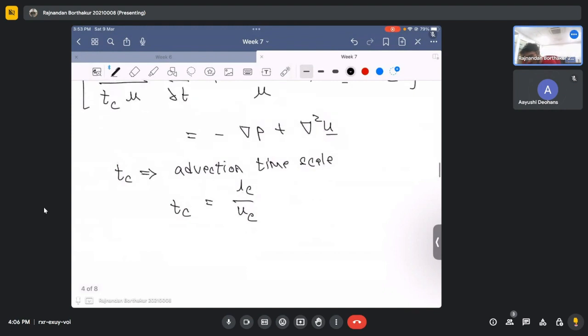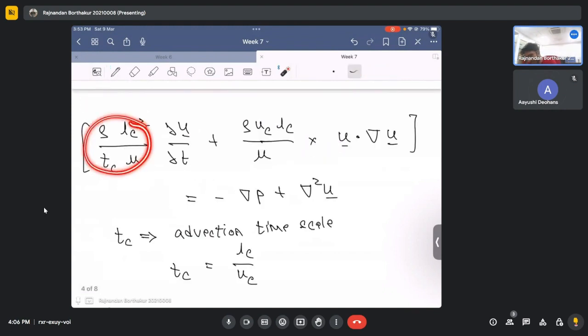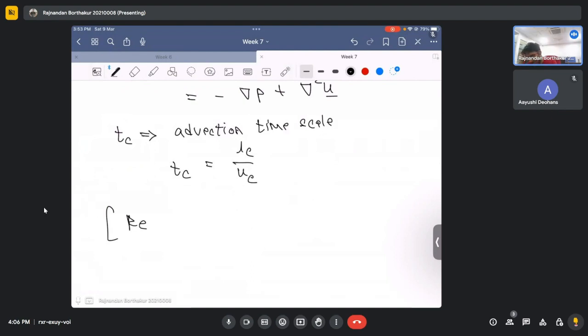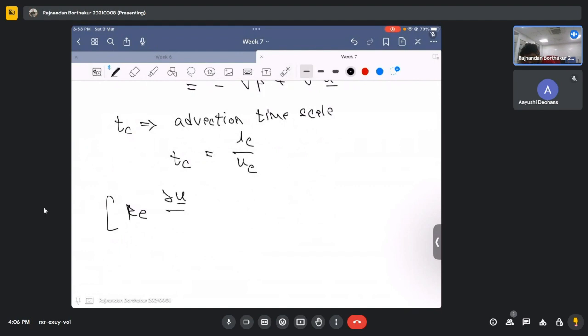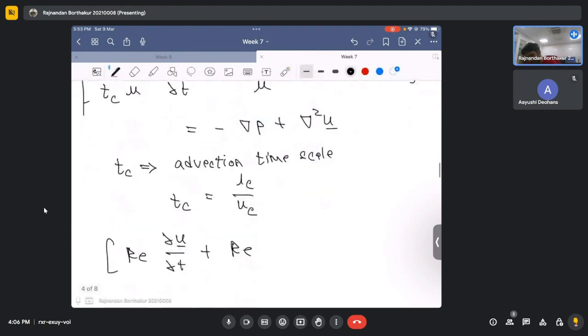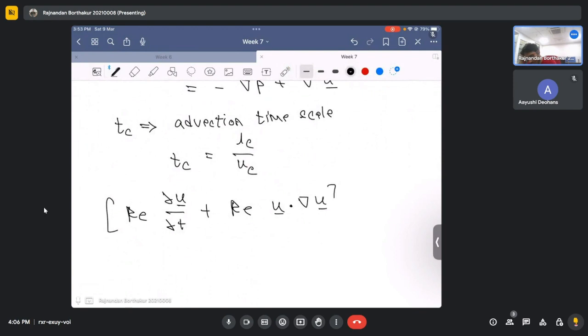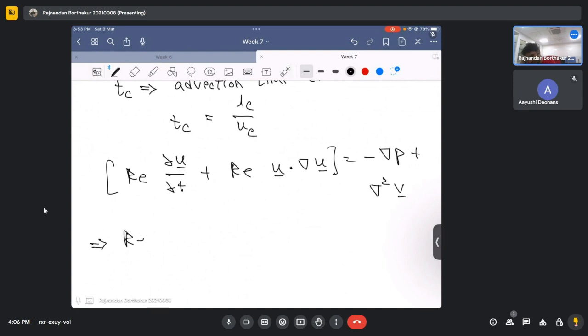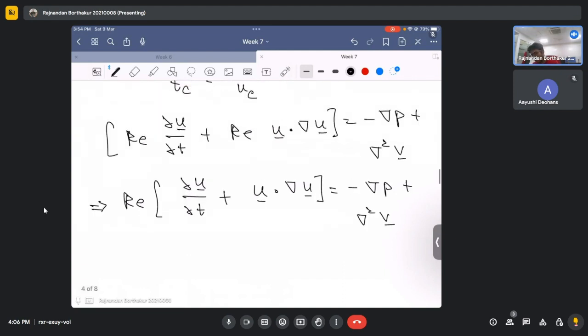Which means if you simplify this term, you will see that this will be Reynolds number times del U bar by del T, plus Reynolds number times U dot grad U, and this would be minus gradient of P plus del square U. I just take the Reynolds number outside, and then this would become del U bar by del T plus U dot grad U equals minus gradient of P plus del square U. So this is the non-dimensionalized Navier-Stokes equation, as you can see.